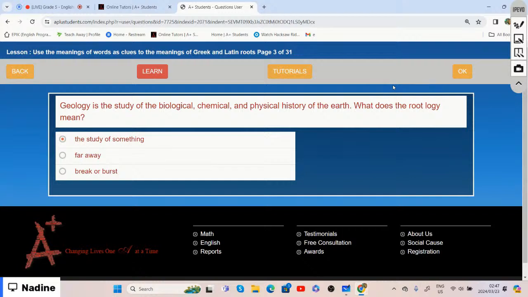Geology is the study of biological, chemical, and physical history. Exactly. Even neurology. It's a study of something of the brain, I think. Psychology is the study of the mind and behaviors.